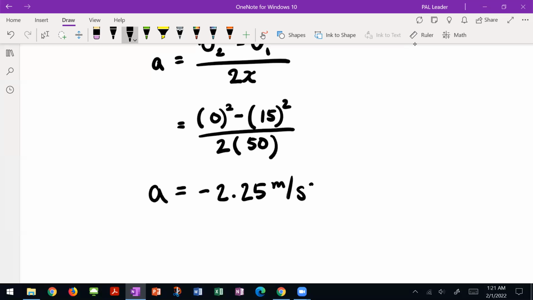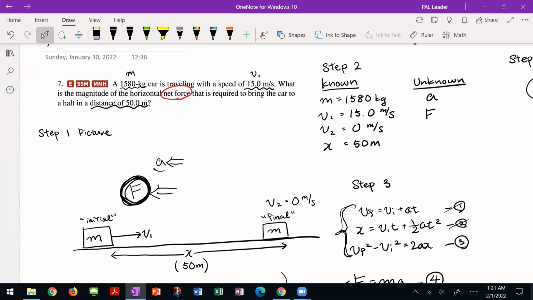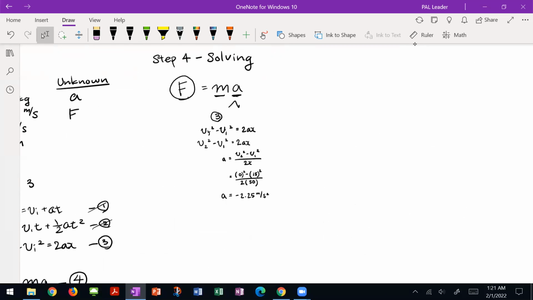Let me check if that is correct. I don't want to continue if it's not. What number is this? Is this 7? Yep. Yeah, that is our acceleration. Awesome. So we found our acceleration right here.